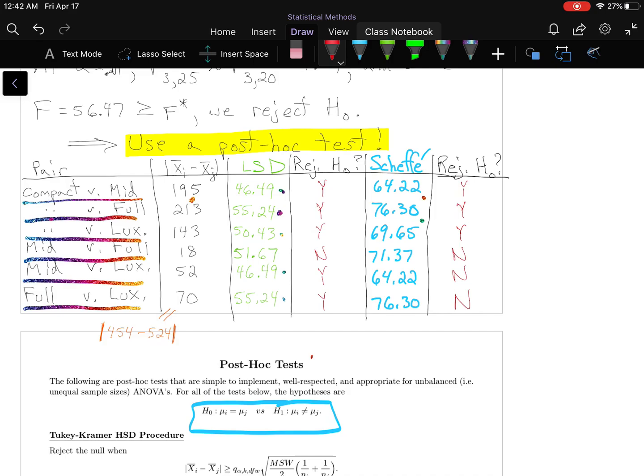The last thing I'll leave you with is that as you work through R on worksheet 6, R portion, you will see that in my sample code, I didn't use either of these. I used a function called pairwise.t.test. That is a pairwise comparison using 2 sample t-tests. It is another way to do it. It's a really easy approach in R, which is why I did it that way instead of the LSD or Scheffé test.